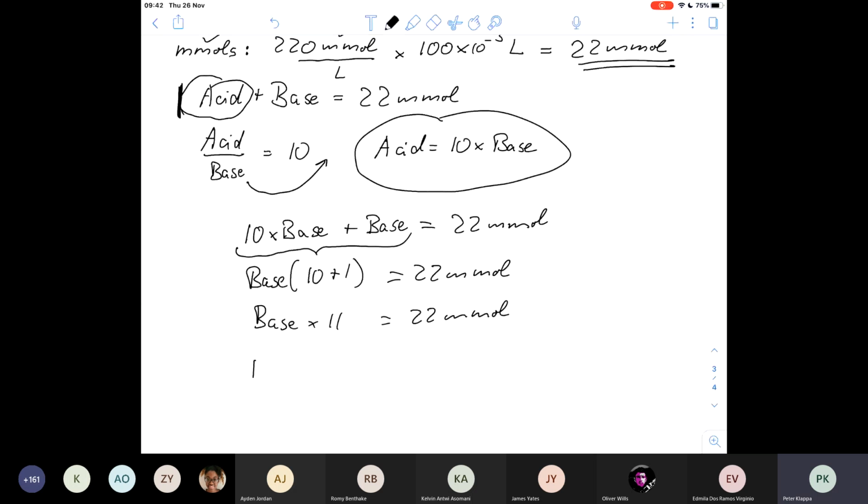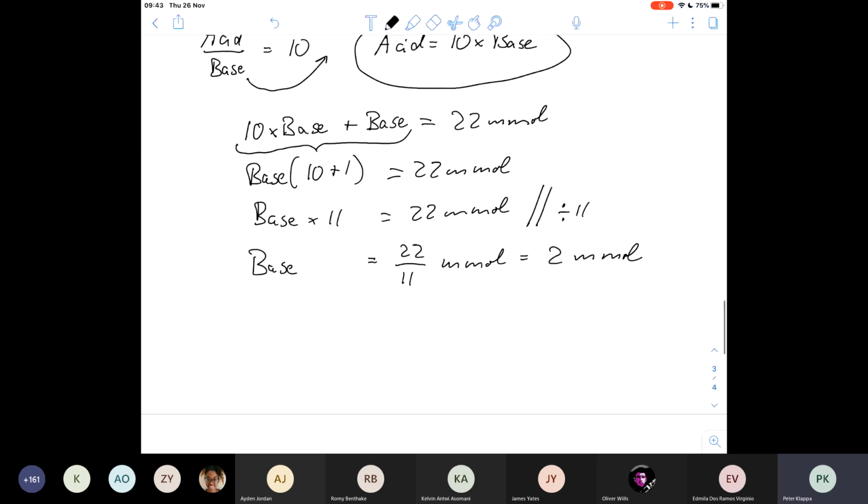Or base equals, if I divide it by 11, 22 over 11 millimole equals 2 millimole. So base is 2 millimole.